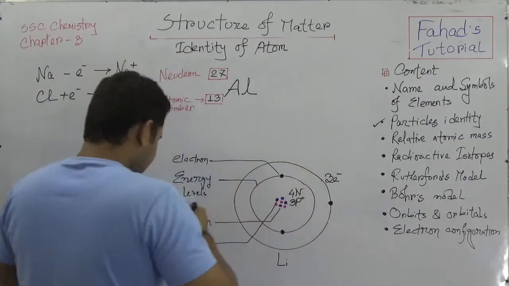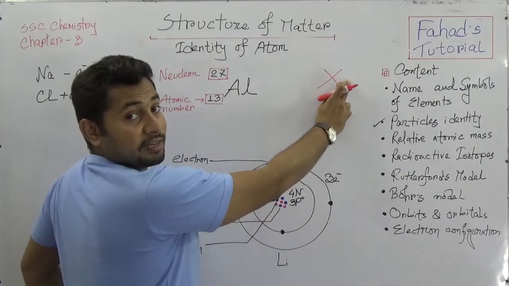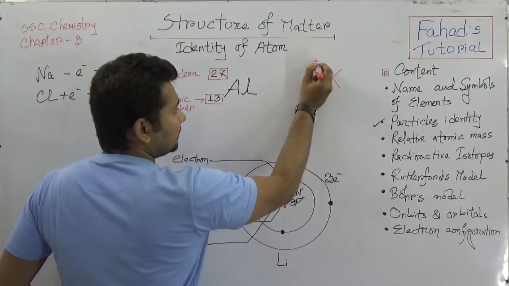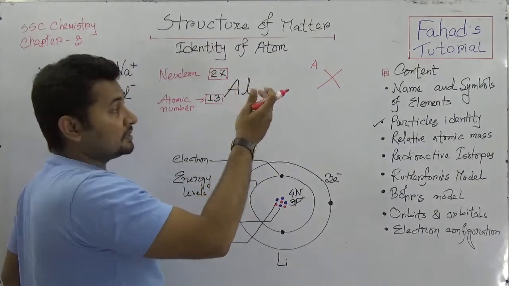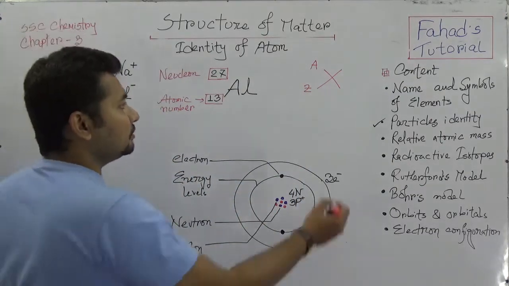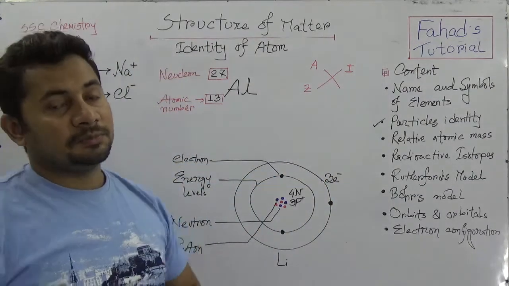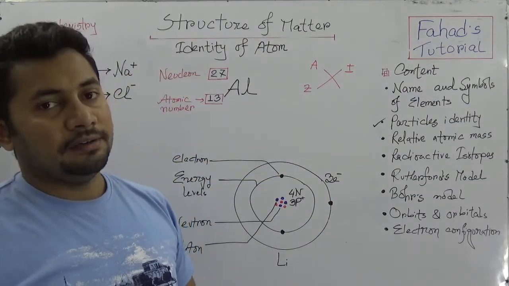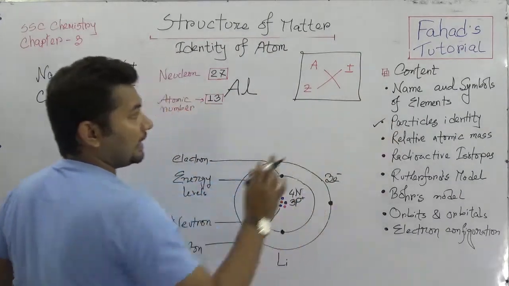Usually, suppose there is an X, which is the name of the element, and there is A, which is the nucleon number. So the nucleon number is expressed as A, and Z is the atomic number. And there is usually a plus or minus sign, which indicates a cation or anion. So this is the expression of the atom.